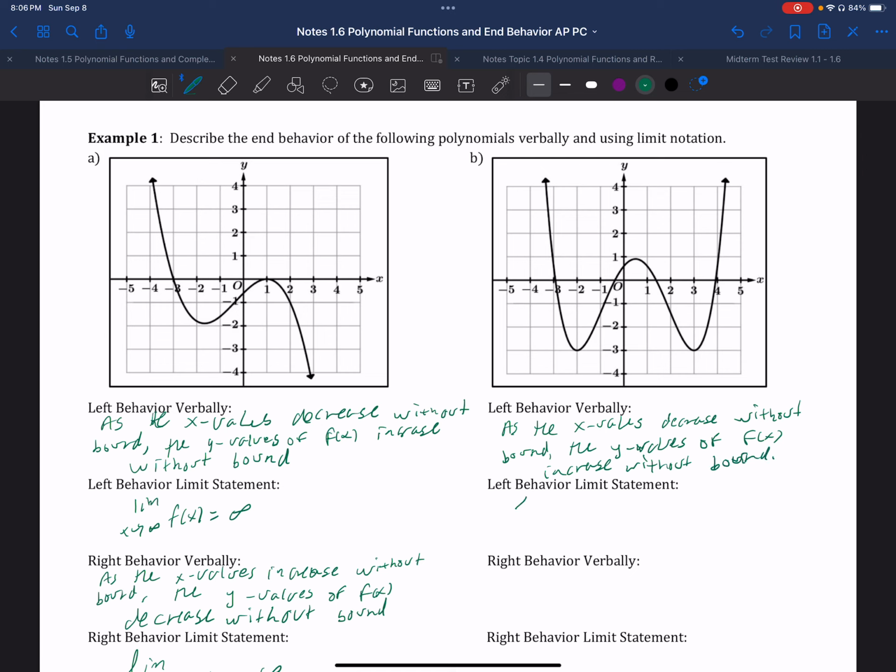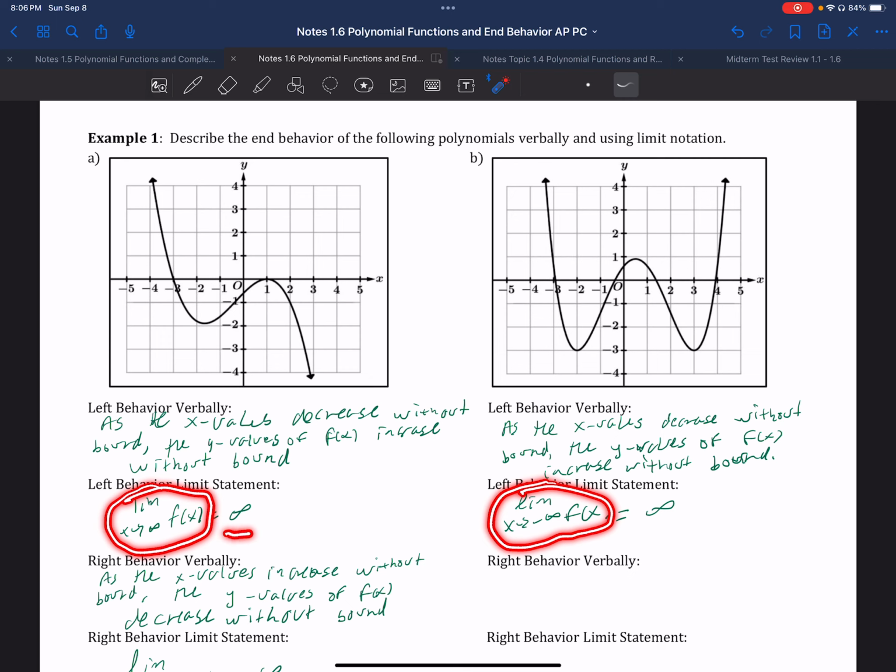In limit notation, the limit as x approaches negative infinity of f of x is equal to positive infinity. Again, for the left limit, this is part of your setup, and then this is your actual answer.